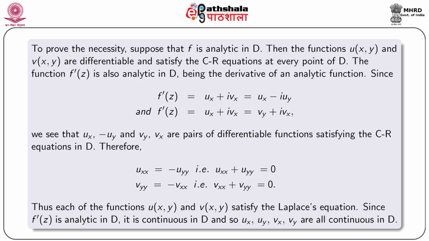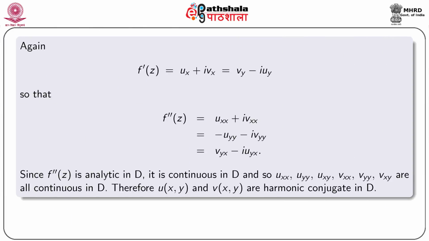Since f′(z) is analytic in D, it is continuous in D, and so ∂u/∂x, ∂u/∂y, ∂v/∂x, ∂v/∂y are all continuous in D. Again we can write f′(z) = u_x + i v_x, that is equal to v_y − i u_y.